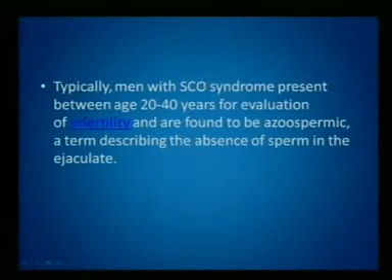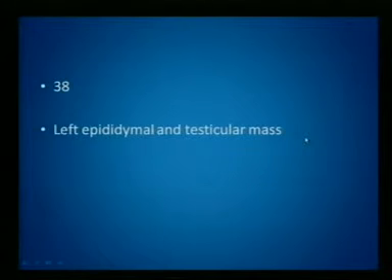With this syndrome, patients are usually between 20 and 40 years of age. The patient came with infertility and was found to be azoospermic, with no sperm in his ejaculation.